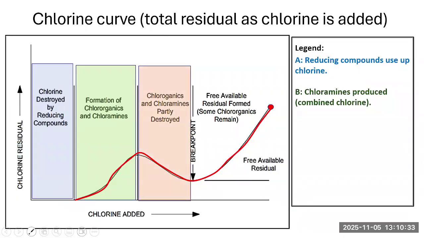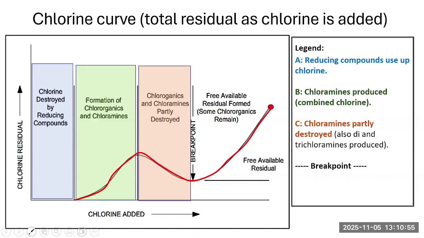But as you'll see in the next area, the chloramines are destroyed by the additional application of chlorine, and that reduces that smell component that everybody complains about. And we'll get to this point where it's called break point, where we're not losing any of the chlorine that we're applying. As we continue to apply it, we continue to see residual.